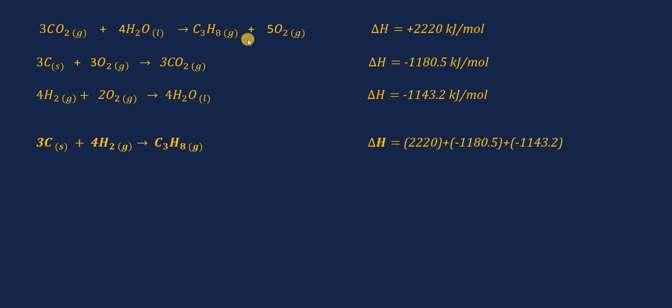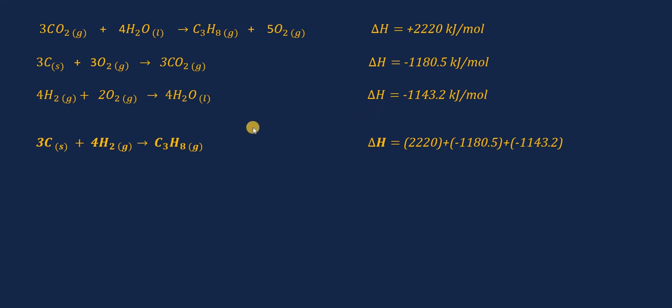And because we reversed the reaction, we flipped the sign of our enthalpy value from negative to positive. For the second step, we didn't reverse anything, but we did multiply everything by 3. Therefore, we multiplied the enthalpy value by 3. And for the third step, we didn't reverse anything, but we multiplied everything by 4. So we multiplied the enthalpy value by 4.